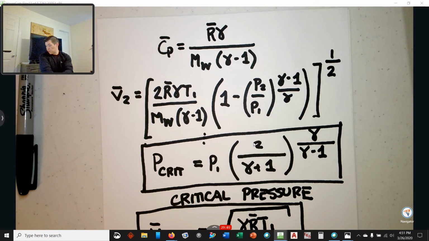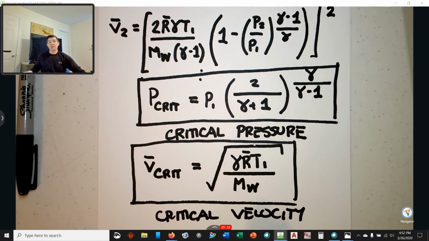This is at the throat of the nozzle, the critical velocity. No matter how much we continue to create a larger pressure difference, our driving force is that pressure, so we can increase that driving force as much as we'd like, and we will never exceed the speed of sound. That's what this set of equations and the derivation is telling us.